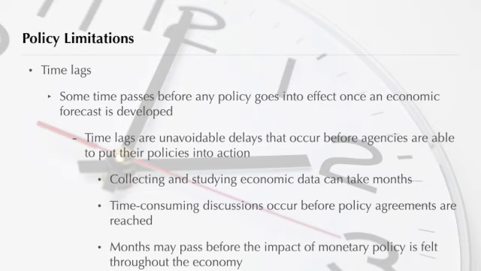Second, once the data have been studied, time-consuming discussions occur before agreement on an appropriate monetary policy is reached. Third, additional months may pass before the impact of the monetary policy is felt throughout the economy. Consumers and businesses need time to adjust their buying and selling decisions to tight money or easy money policies. Aggregate demand and business activity seldom react instantly to the Fed's actions.